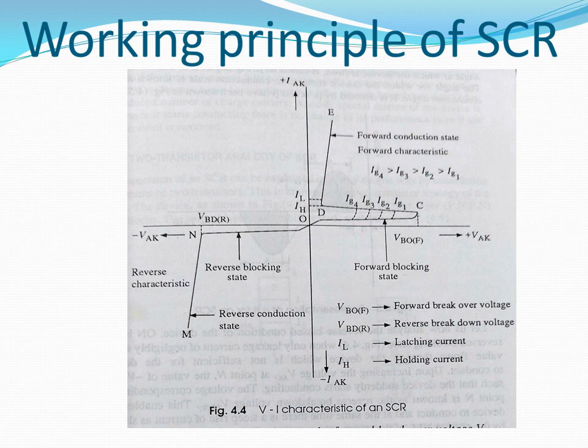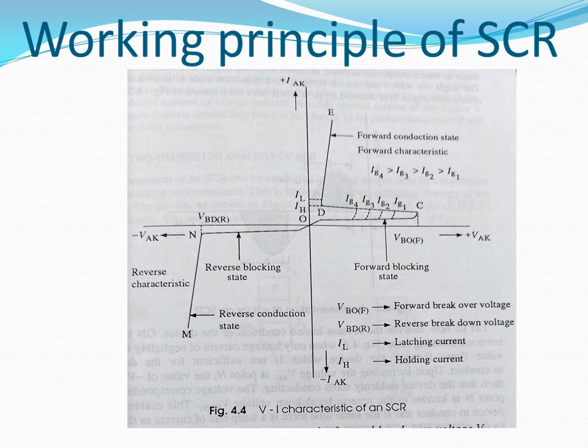Now we will see the reverse biased condition of SCR. In this, ON is the reverse blocking state when only a leakage current of small value does not allow the SCR to conduct.